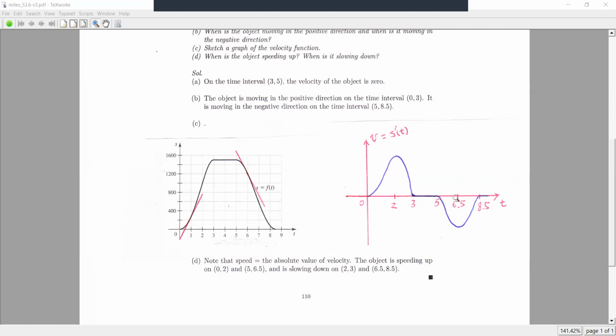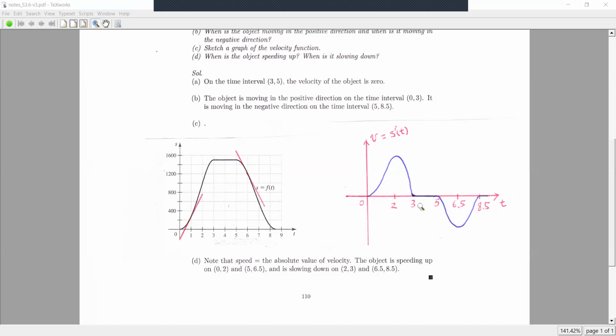From 5 to 6.5, the velocity is decreasing and is negative. Take the absolute value, then we can see that this curve is increasing. So from 5 to 6.5, the object is speeding up, but is moving in the negative direction.